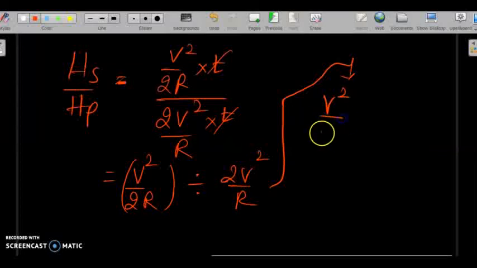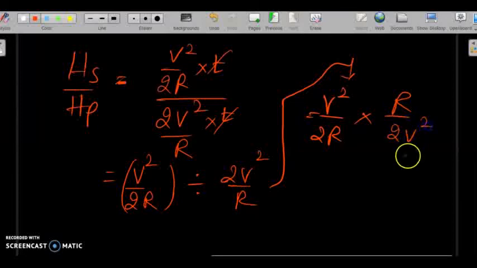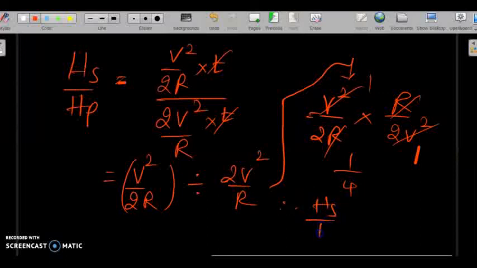V square by 2R into R by 2V square. R is gone, that's 1 times, and 2 times 2 is 4. So 1 by 4. Therefore, Hs by Hp equal to 1 by 4.